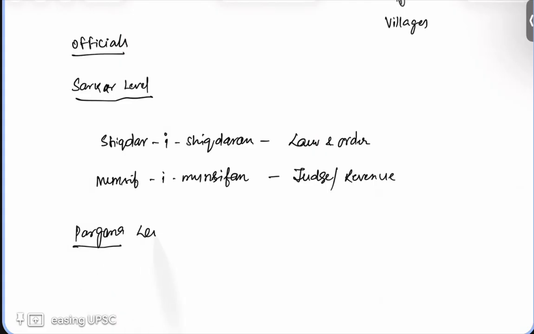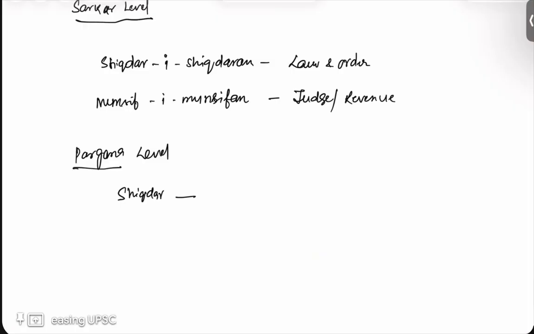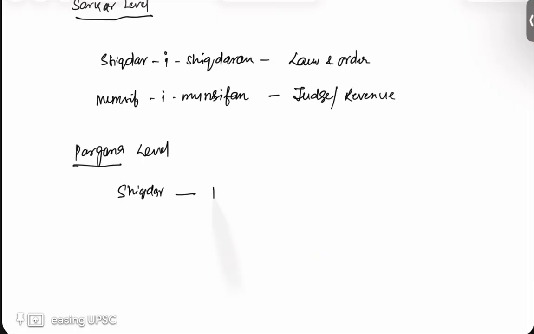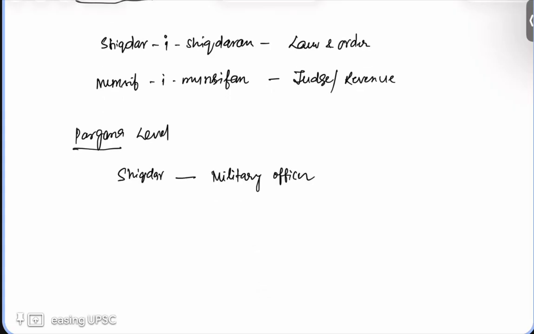At the Pargana level, the Shiqdar. Who was the Shiqdar? For law and order, a military officer, but just check it. And the Munsif or Amin for land revenue.